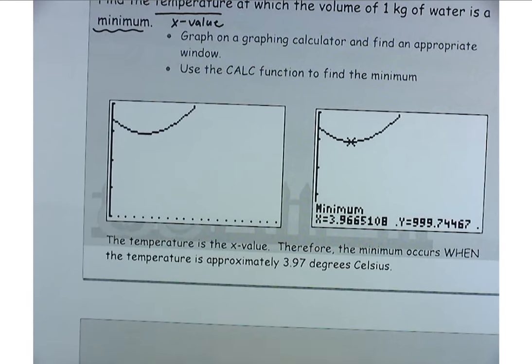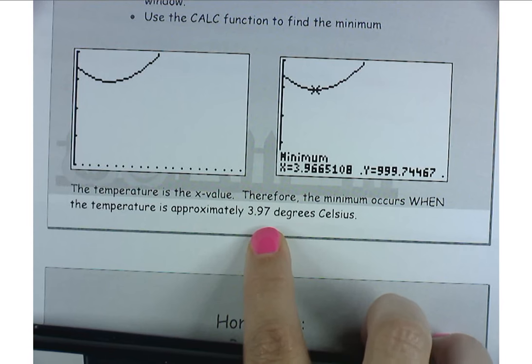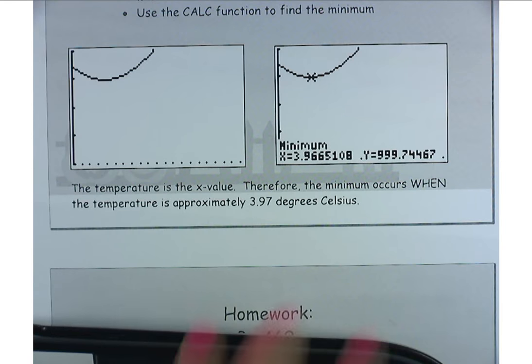Okay, so the temperature is your X value. Therefore, the minimum is going to occur when the temperature is approximately 3.97 degrees Celsius. Because you are finding the temperature, that is your X value. So it's not asking for the minimum, but it's asking for when the minimum occurs.